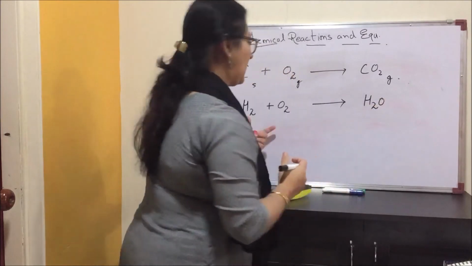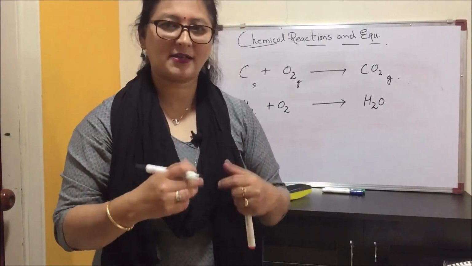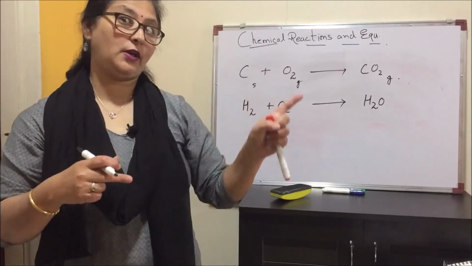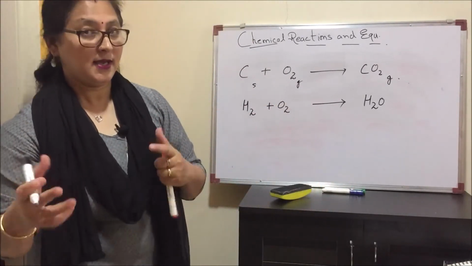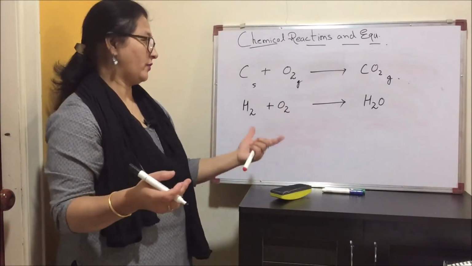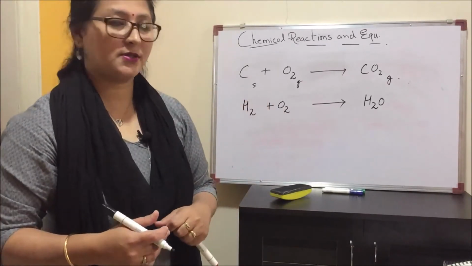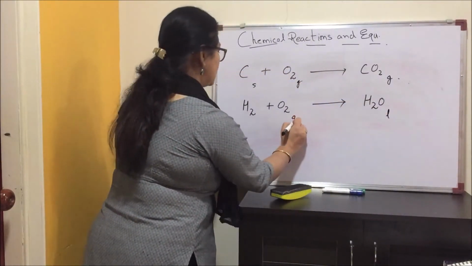Two reactants react together and a product is formed, and the property of the product is absolutely different from the property of the reactants. Over here we can see hydrogen and oxygen are gases, whereas water is liquid. So you can put liquid here, gas and gas.